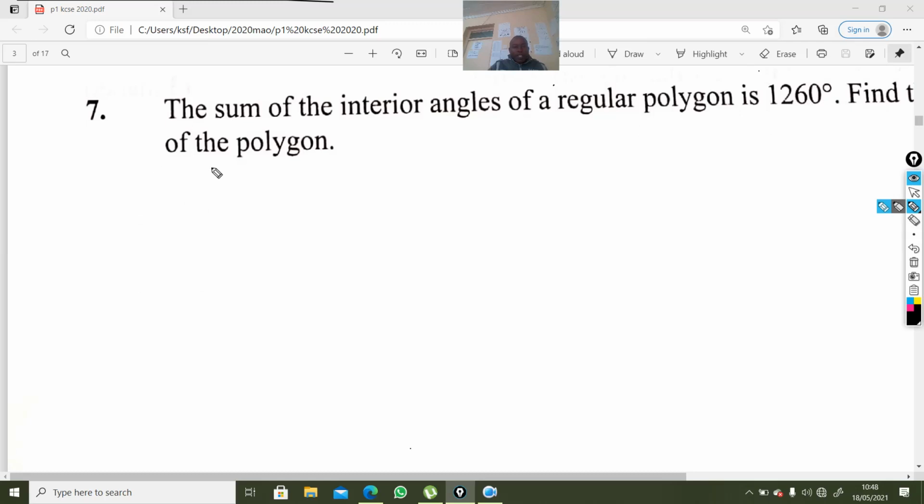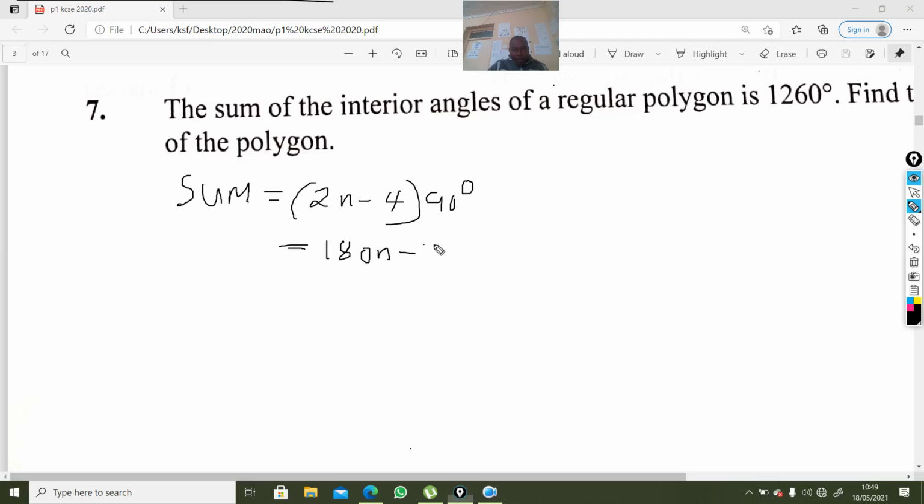With the formula for the sum of interior angles, the sum equals (2n minus 4) times 90 degrees. You can open this to be 180n minus 360.